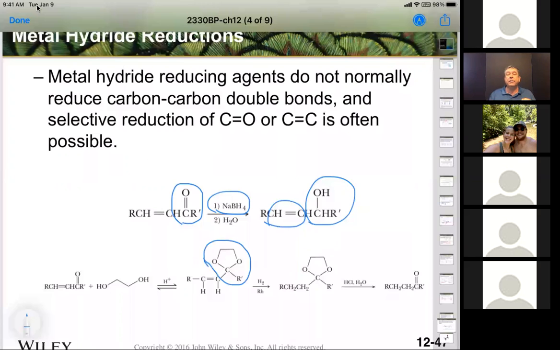So you can selectively choose: I want to react that ketone or aldehyde. If I do, I use sodium borohydride and boom, we're done. Oh, no, wait, I want to get rid of the alkene. So I need to protect my carbonyl compound as an acetal and then do a regular reduction of an alkene. And then by clipping off our acetaldehyde, we can get our carbonyl compound. So we're finally to the point where we have enough reagents we can selectively choose which functional group we start with, which functional group we'll have at the end.